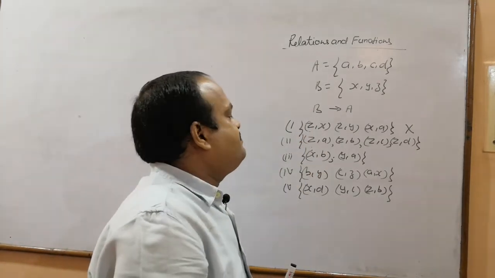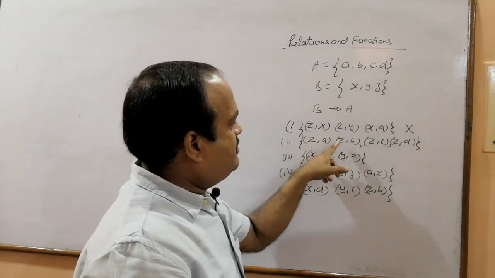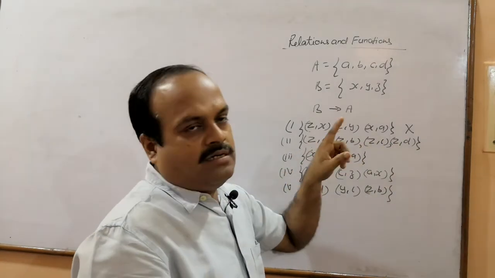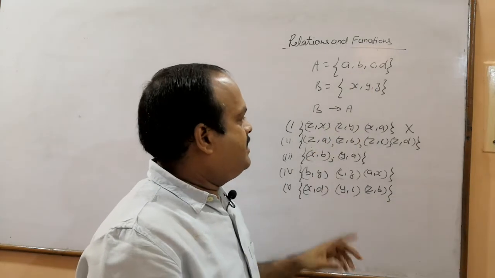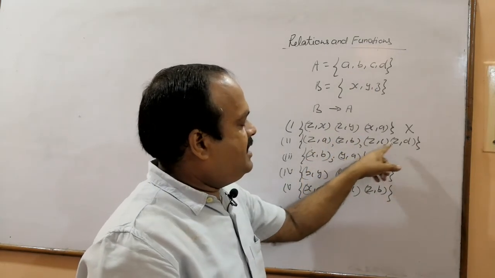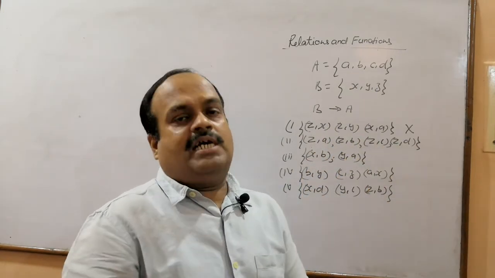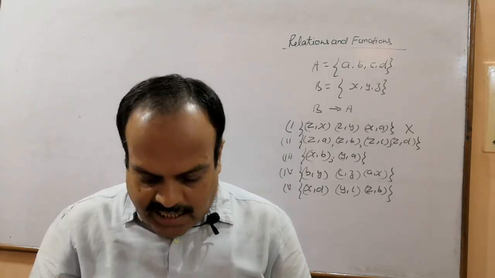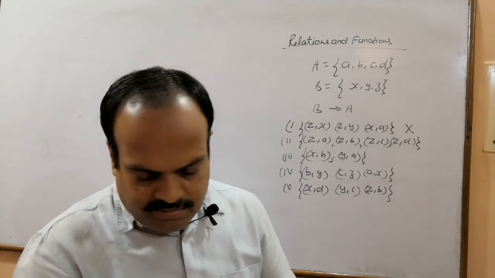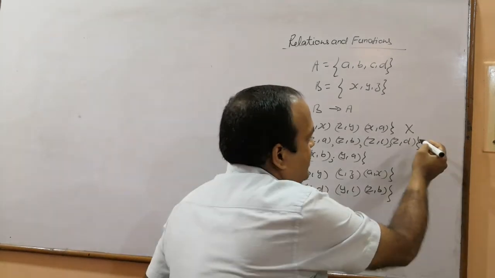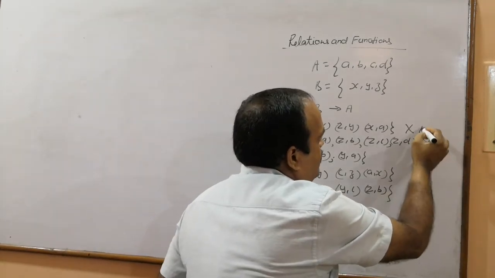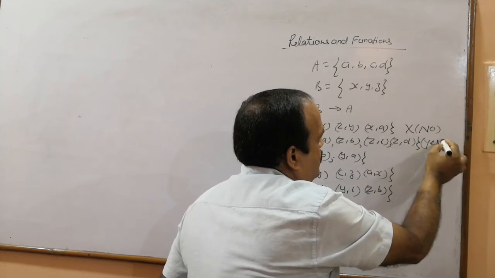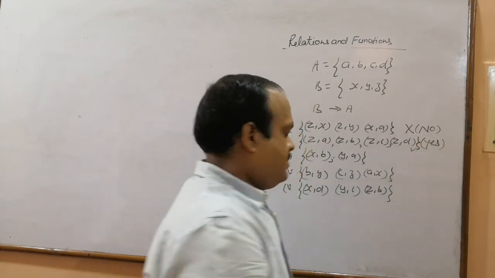Go to second one. First entry from B, second entry from A, B, C, D. We see that the first entry is from B, second entry is from A, yes.